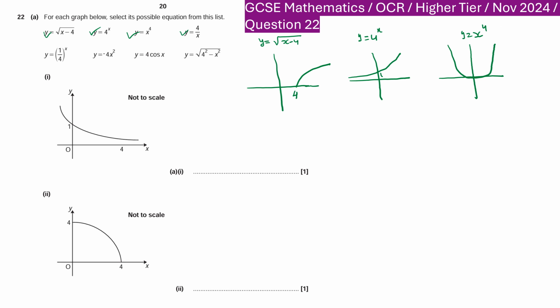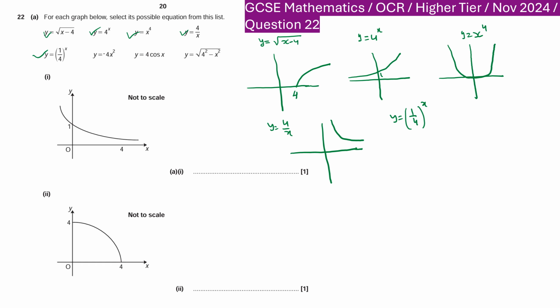Then y equals 4 over x. So that would be a reciprocal graph, y equals 4 over x. Then y equals 1 over 4 to the power x.